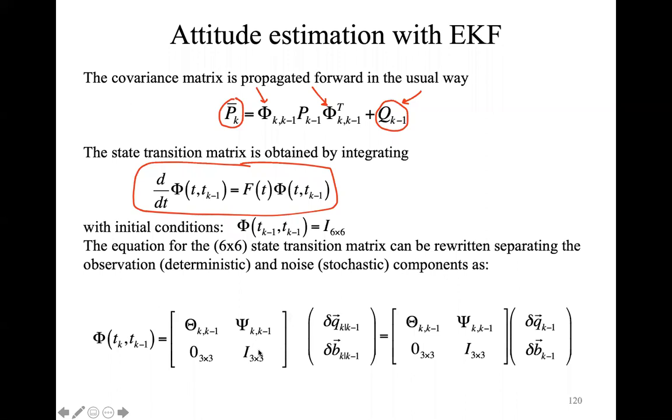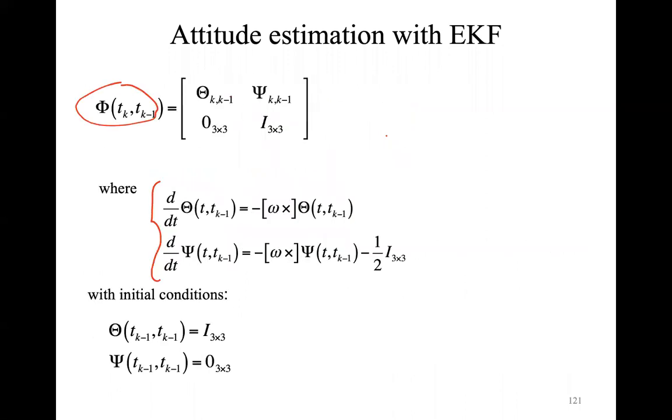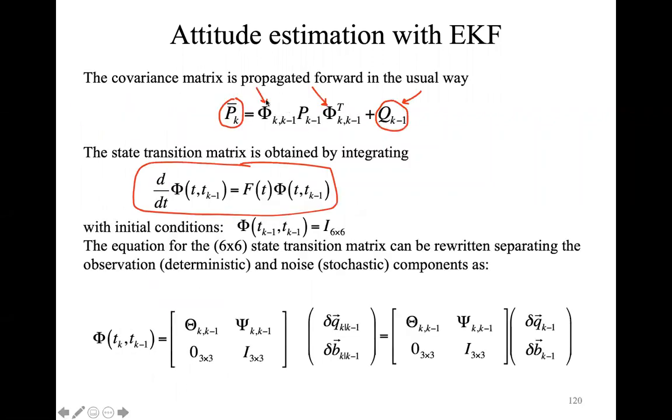In the next slide, we use the integration of the different submatrices in order to compute the final phi that you need to include in the computation of the covariance matrix.